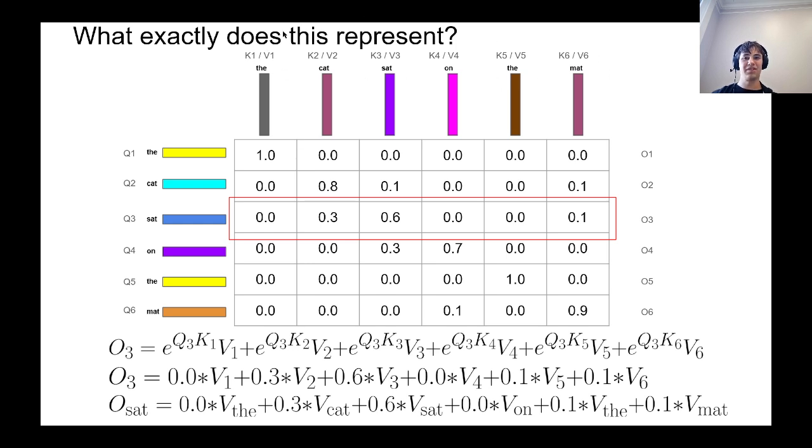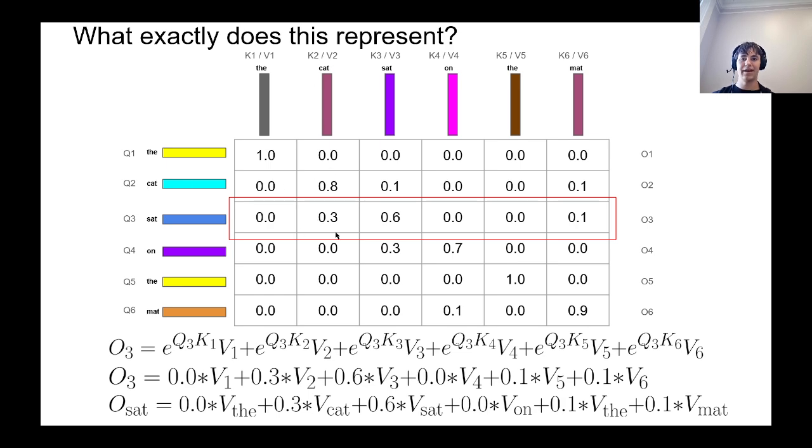The columns represent the keys and the values together. So basically, every weight represents the softmax value of the inner product of the corresponding query and key. And then you weigh that by the corresponding value in that column. So for example, let's take this column here. This value represents the inner product of Q1 and K2, so 0. This one represents Q2 and K2.